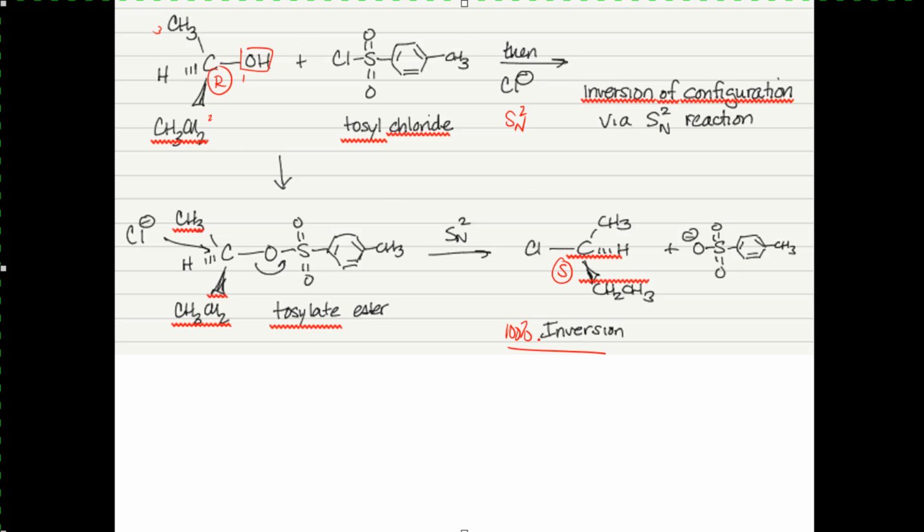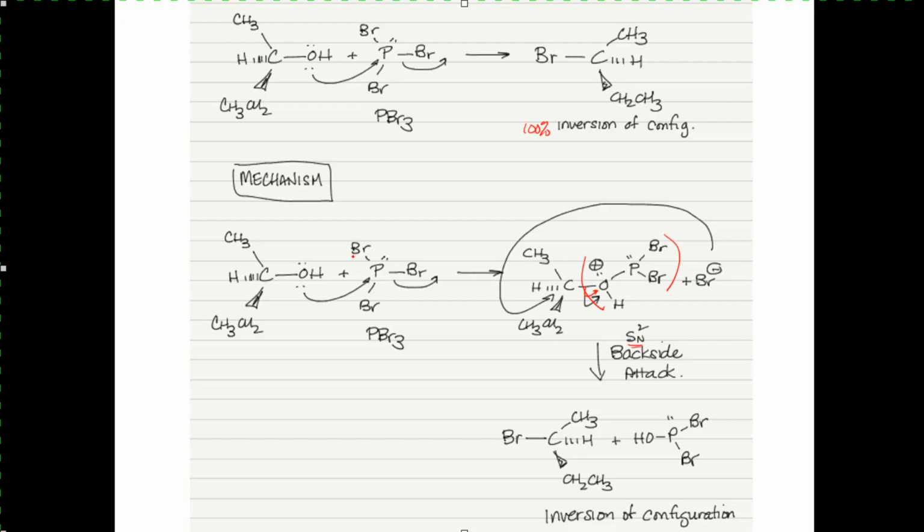If you react it with tosyl chloride followed by the halide ion, you're going to get 100% inversion because it's going to do an SN2 mechanism. If you react it with PBr3, you're also going to end up with 100% inversion of configuration because you're basically going to change that oxygen into a good leaving group when it adds to the phosphorus, and then the bromine is going to end up adding from the backside.